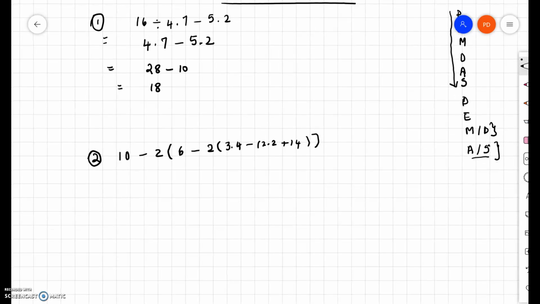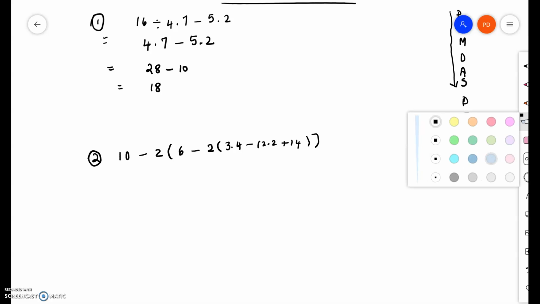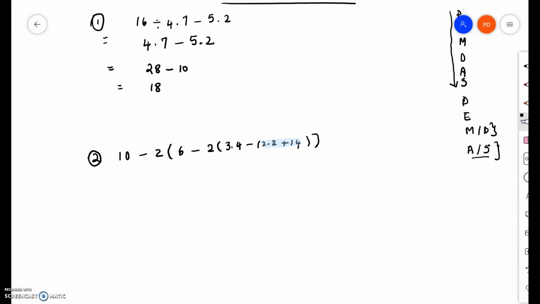Now the next one. Start with the innermost parentheses. That's where you begin, and then start simplifying from there. So we have 10 minus 2. Never ever do the subtraction first, because remember that 2 is multiplied to this quantity which needs to be simplified.